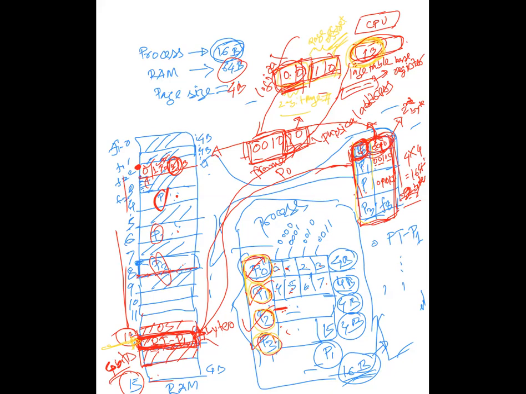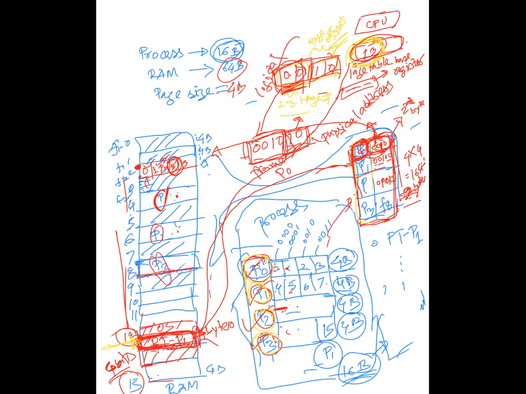Okay, it is a little bit complex, I can say, but if you understand it step by step, it is easy. Let me summarize these things again. When you create a new process, the process is divided into some pages, and the OS will generate a page table for every process.